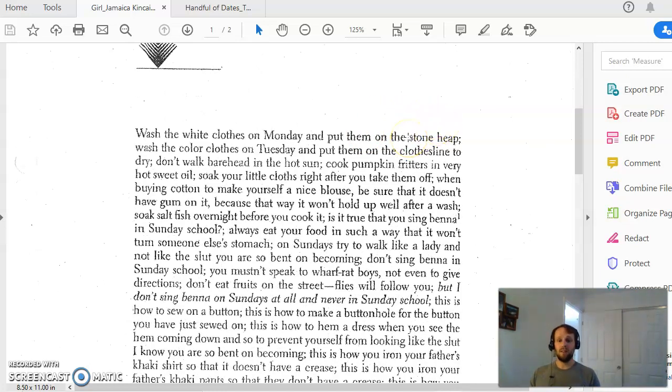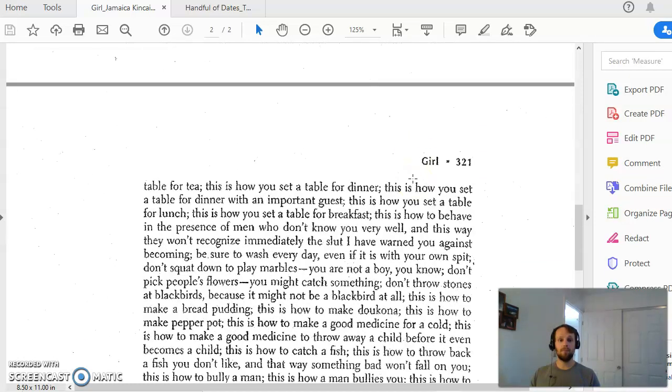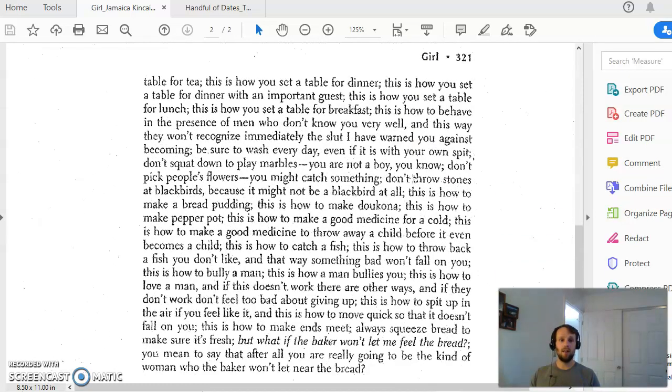Rather than giving away all the figurative language in the story, I'm going to point out several parts of this story that you might look at in detail. I will start on this page here.